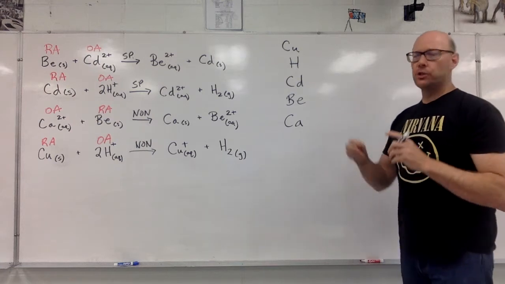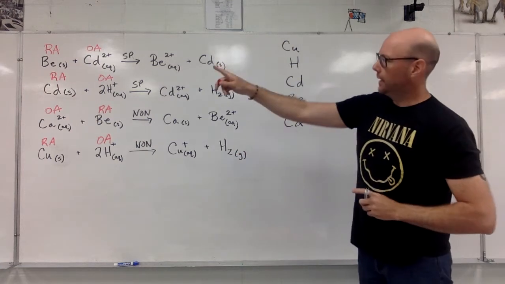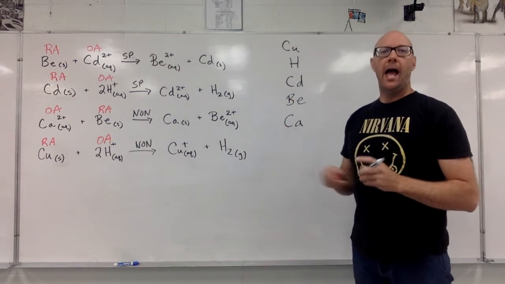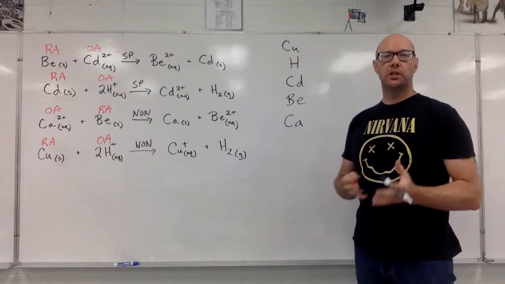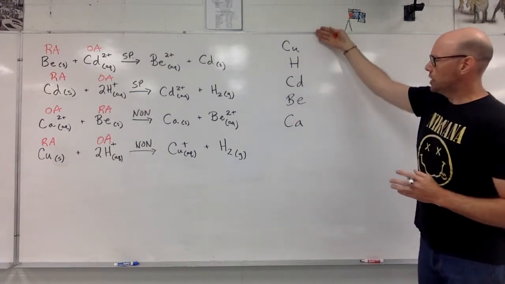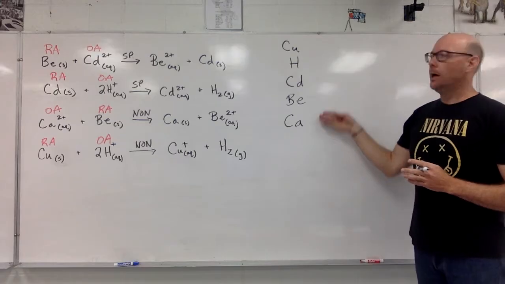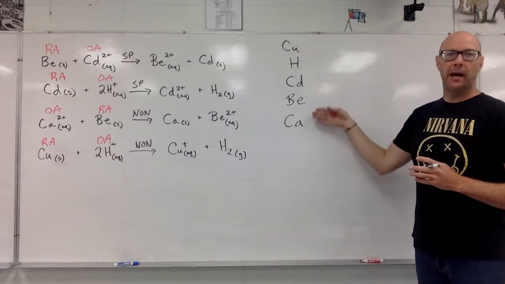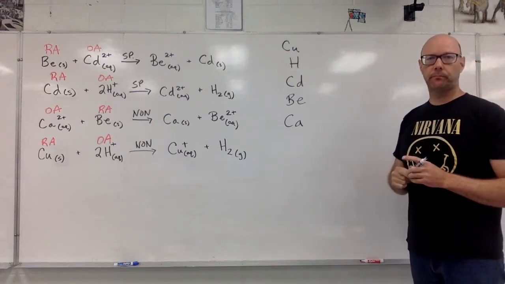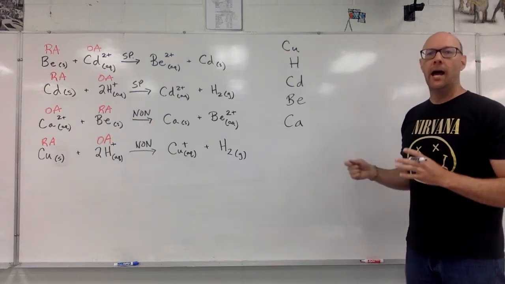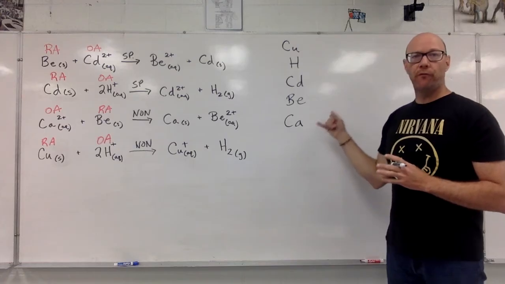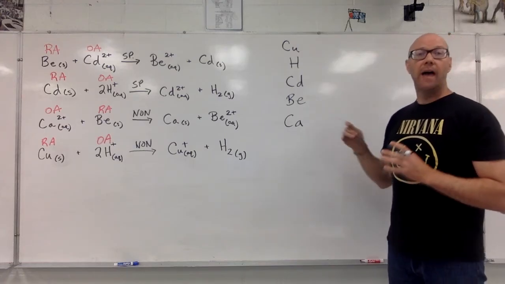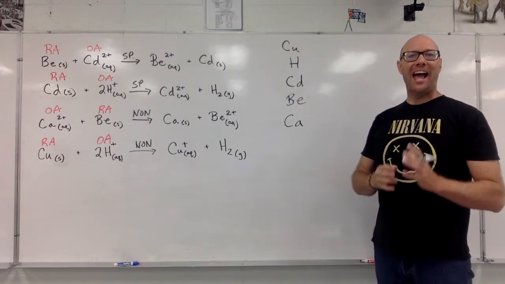I took the reactions one at a time by labeling the OA and RA and applying just those two basic spontaneity rules in order to come up with some type of order. I have copper at the top, hydrogen, cadmium, beryllium, and at the bottom, calcium. Once I have the order, I need to turn these 5 chemicals into reduction half reactions.